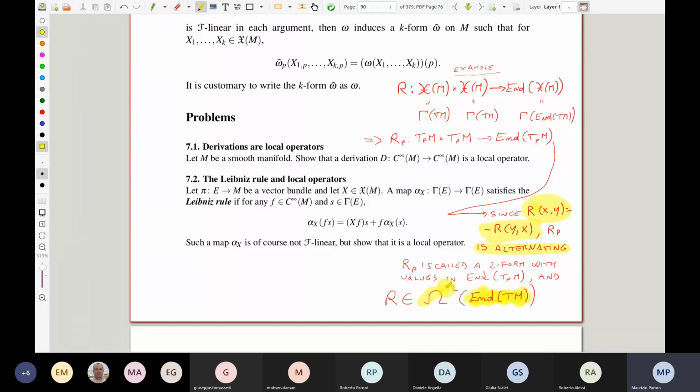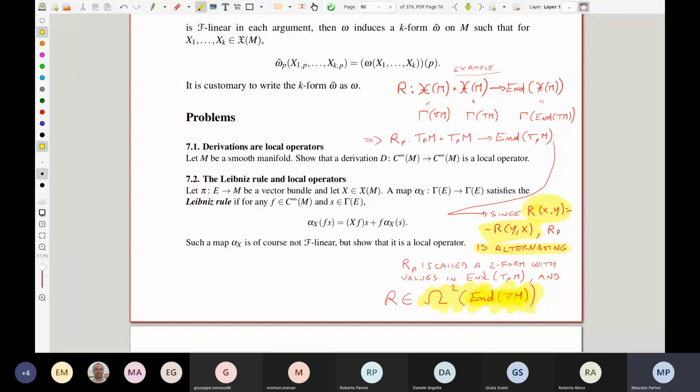The notation for this kind of object is the same that we use for two-forms. Remember, omega 2 means the two-forms. Usually here you have a manifold, M, so you have the two-forms on the manifold.